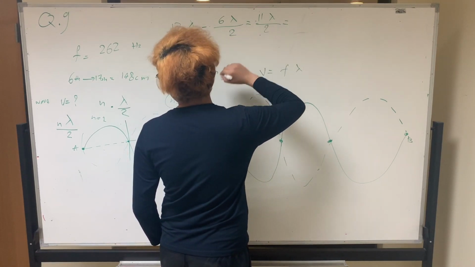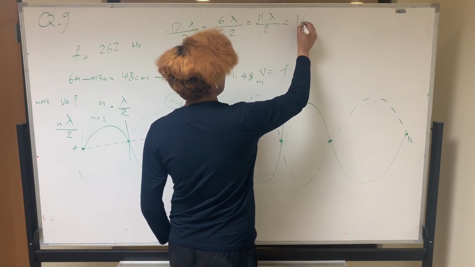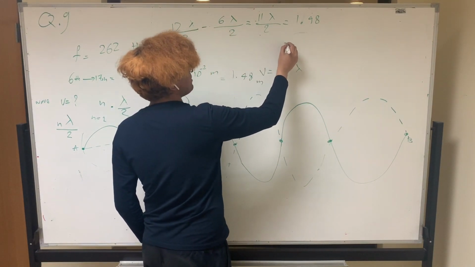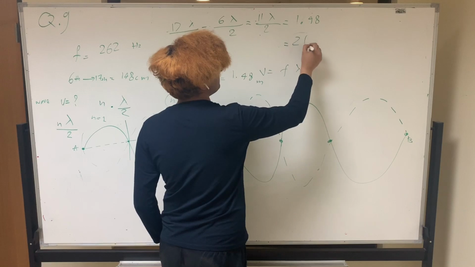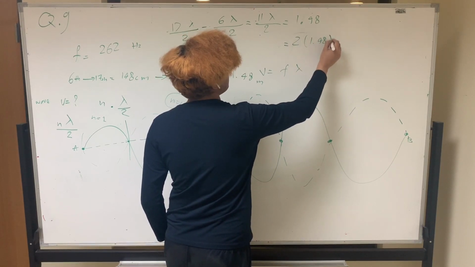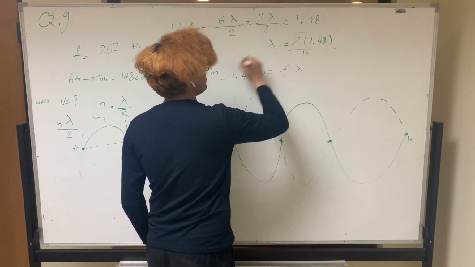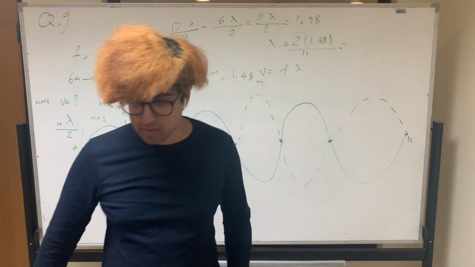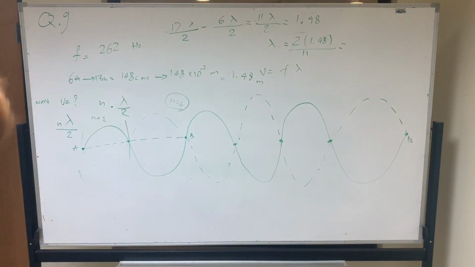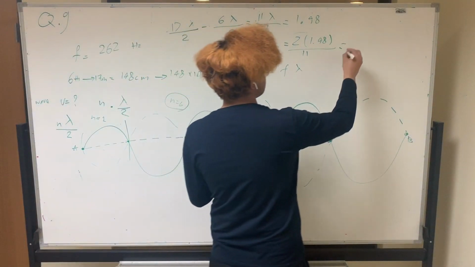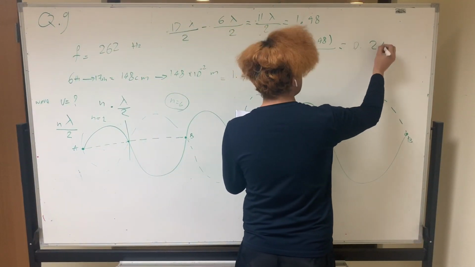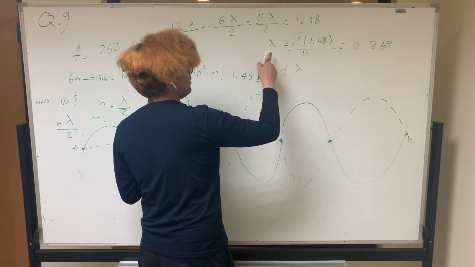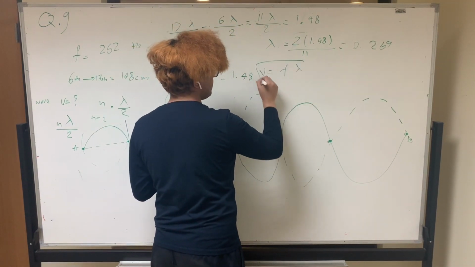And that's equal to 1.48 meters. If you multiply both sides by 2 and then divide both sides by 11, you'll be getting your wavelength. And that's going to be 0.269. And now we just need to plug the wavelength into this equation.